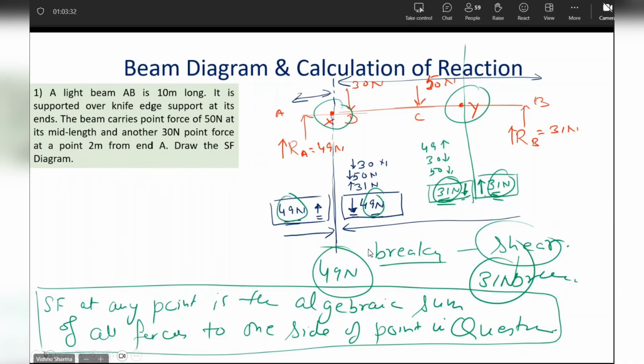We don't have to do it from both sides because the answer is going to be the same. It was 49 and 49. The only difference was that if 49 was upwards from one side, from the other side 49 became downwards. Otherwise, the numerical value has not changed.